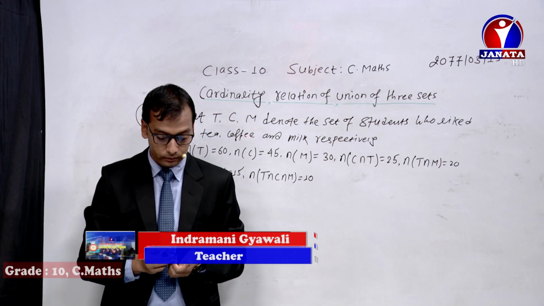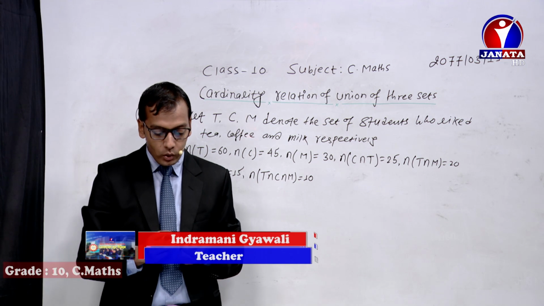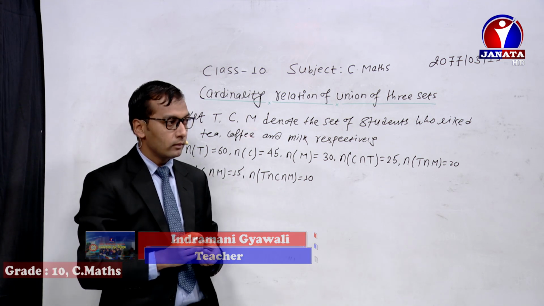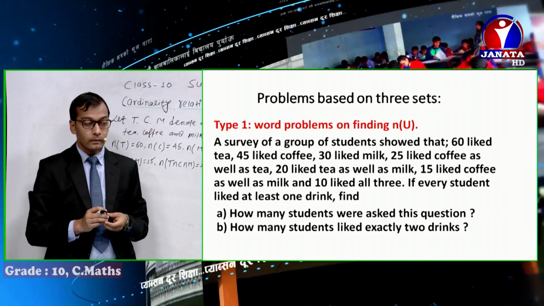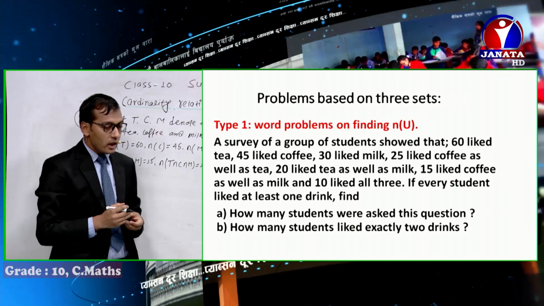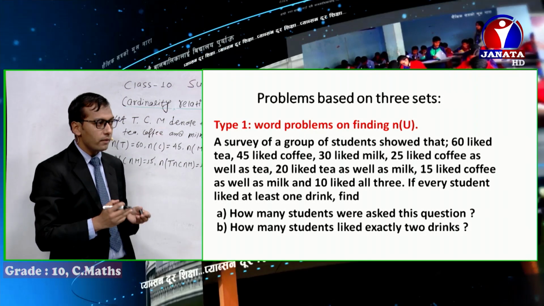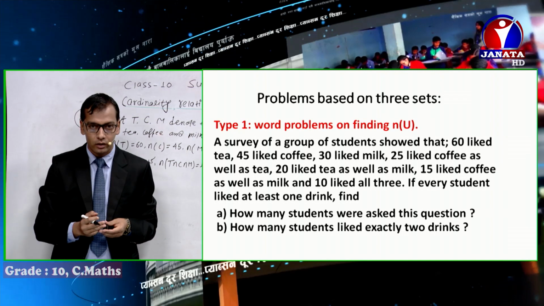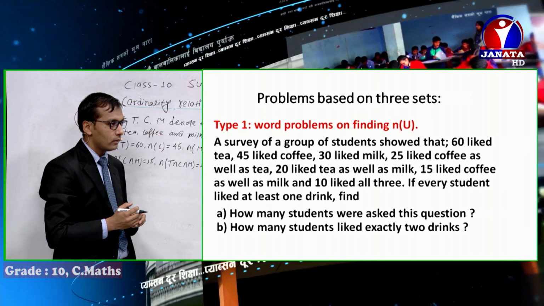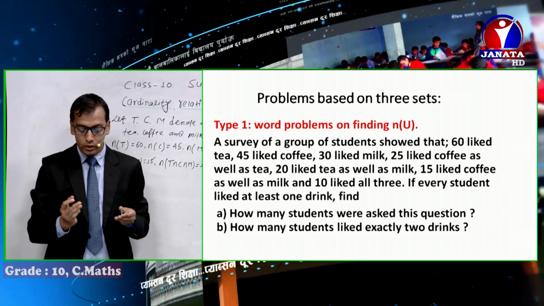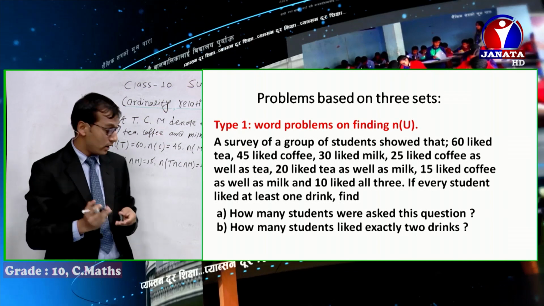Here is the last sentence: if every student liked at least one drink, its meaning is, out of the 3 different items, tea, coffee and milk, there is no one who does not like any of the drinks. That means there is no complement at all.